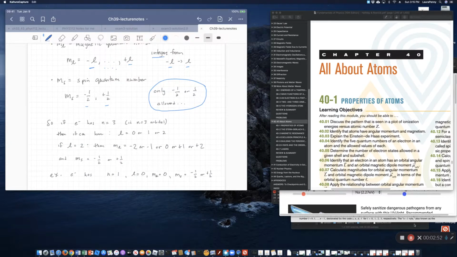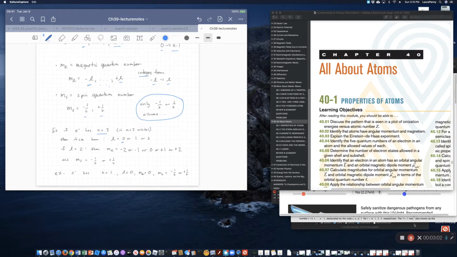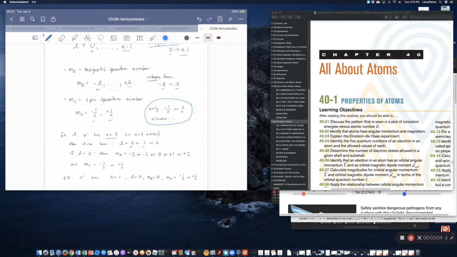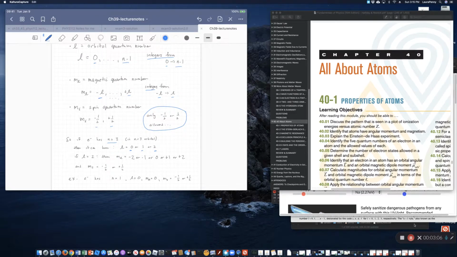Let's say an example: we have an electron that has n equals 3. That's its principal quantum number. This electron could have an L which is 0, 1, or 2, right? L has to go anywhere from 0, but it has to stay less than 3. Let's say L was 2 for this specific electron.